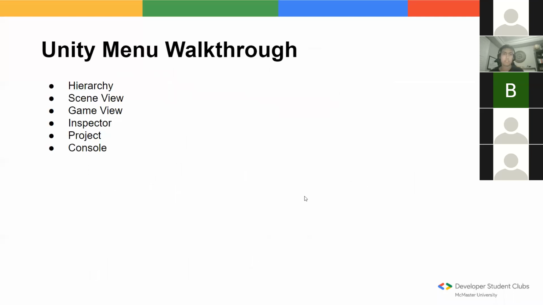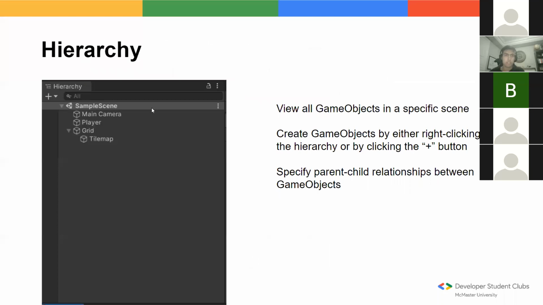So now let's walk through the Unity menu. The first window we're going to go over is the hierarchy. The hierarchy lets you view all the game objects in a specific scene. To create a game object, you just right click in the hierarchy, or you can click the plus button over here.